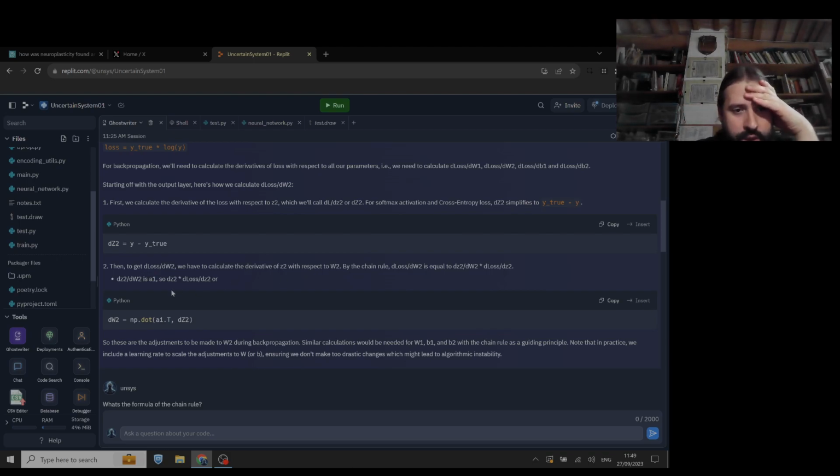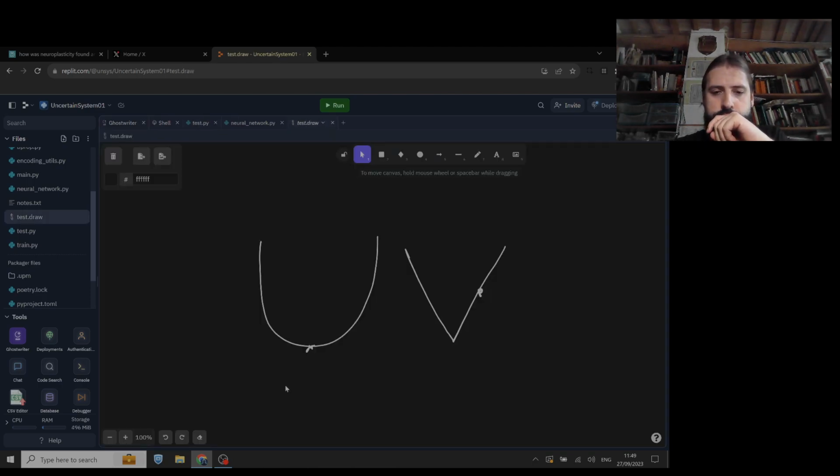So how do they get to that, right? Because when I have my loss function, the derivative is still going to be a function.